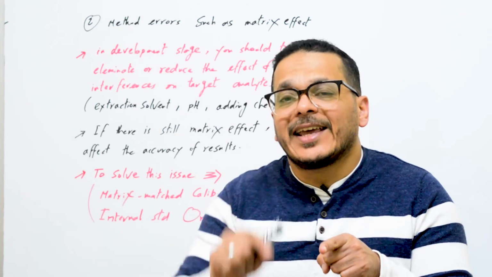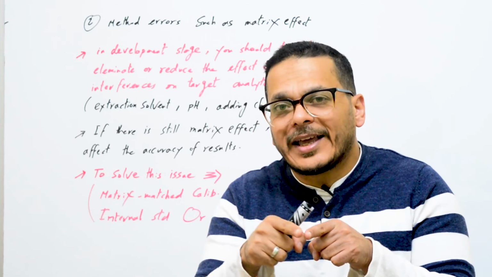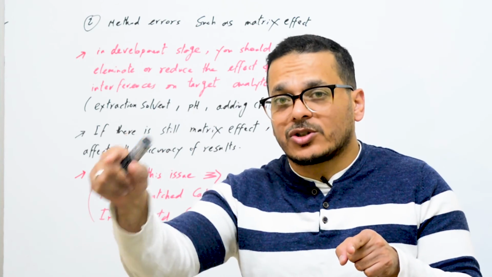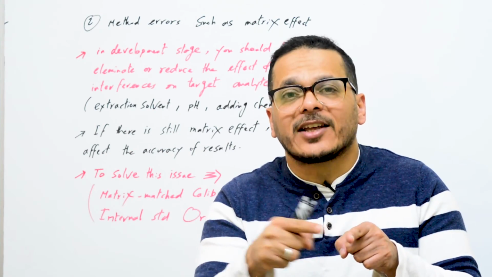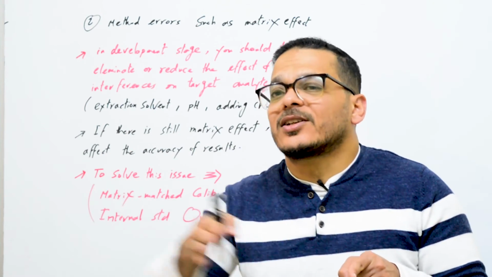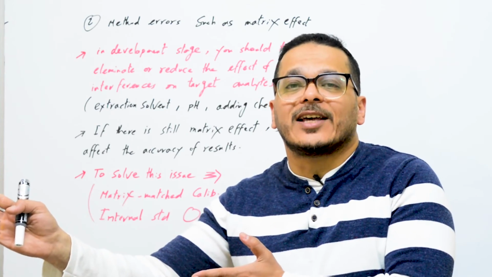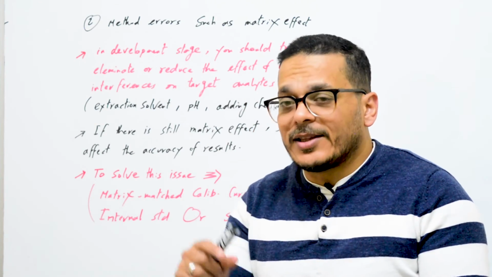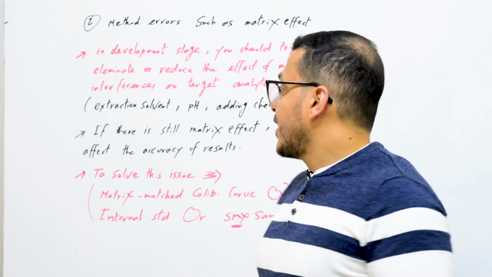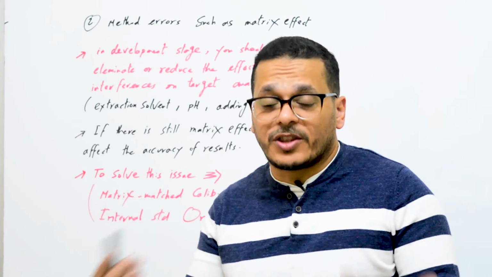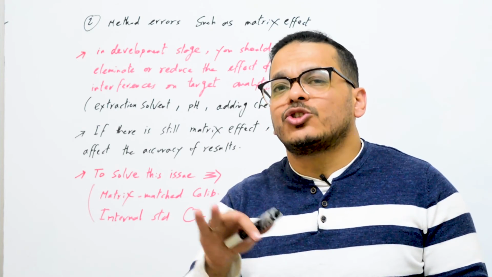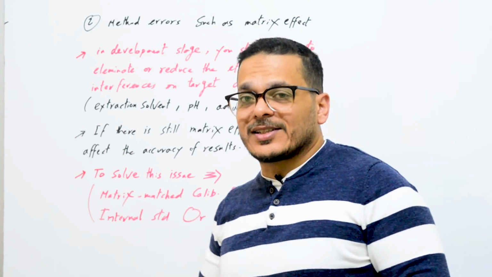You should add EDTA, because EDTA will react with the heavy metals, and then tetracycline compounds will be extracted alone without any other interferences. So you need to add any other chemical to fix this issue. You have many things to think about during the development stage, but at the end you need to eliminate or reduce the matrix effect.